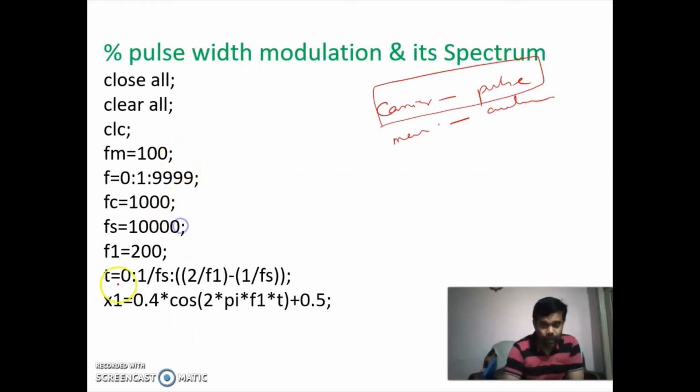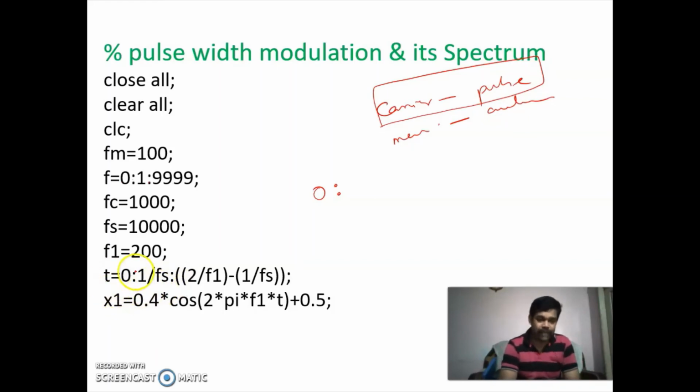Now we are defining the time axis. The time axis we are defining from 0 to 2 by F1 minus 1 by Fs, which is the final value, and the increment is 1 by Fs. 1 by the sampling frequency is the increment.